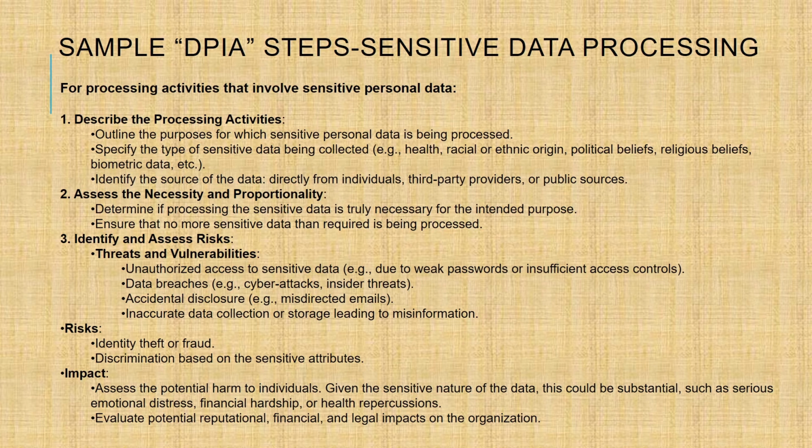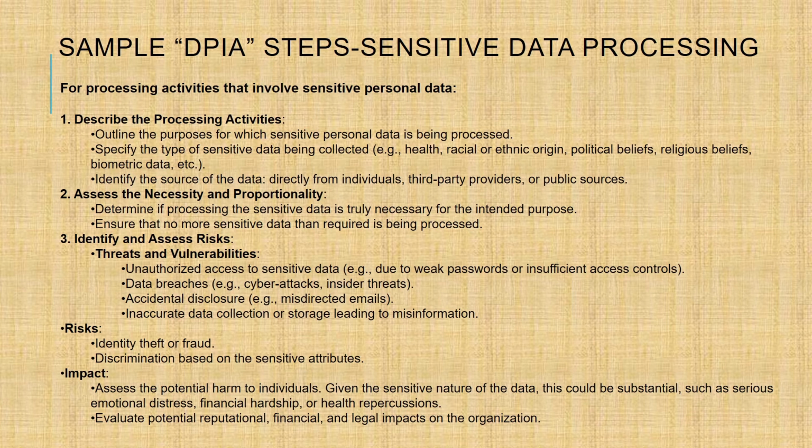The first step is to describe the processing activities: outline the purposes for which sensitive personal data is being processed, specify the type of sensitive data being collected, for example, data on racial or ethnic origin or other sensitive information, and identify the source of the data. It may be directly from the individuals, or from third-party providers, or from public sources.